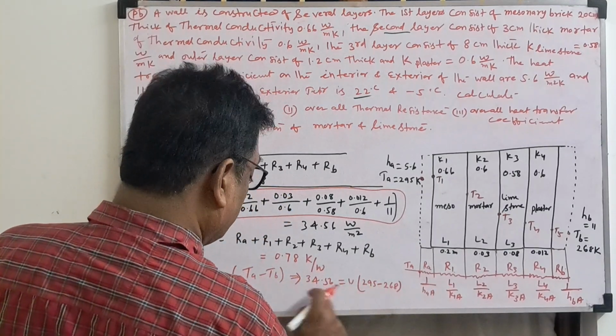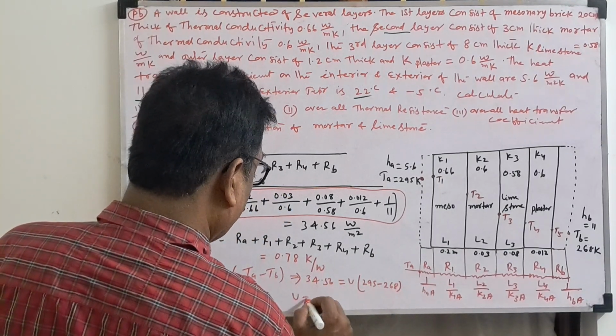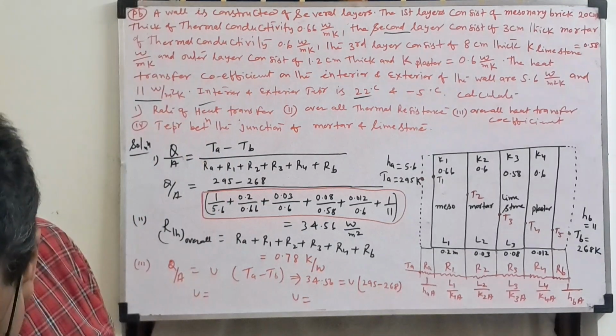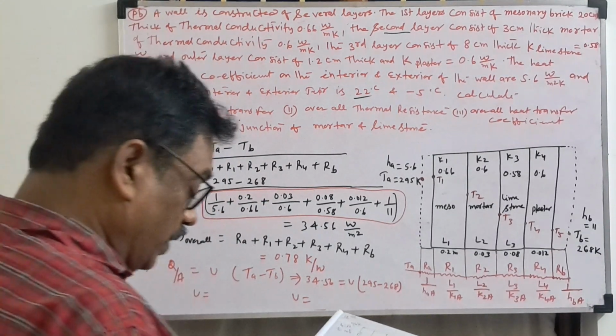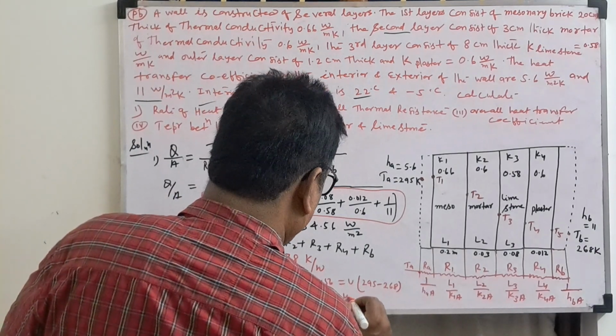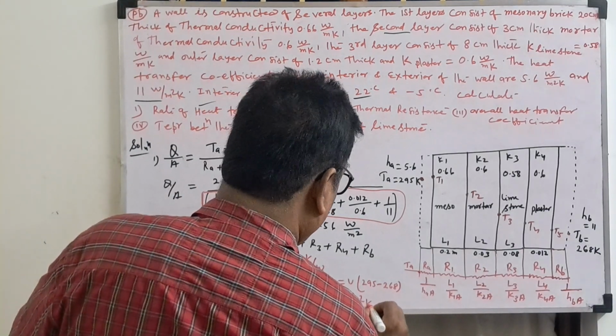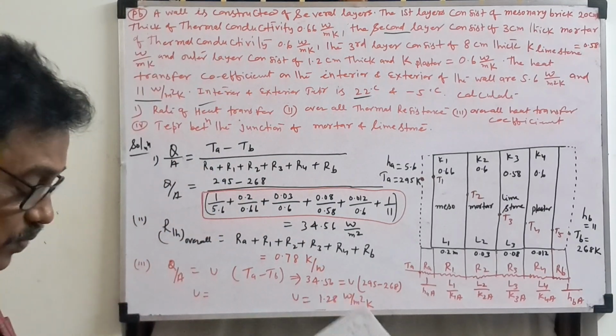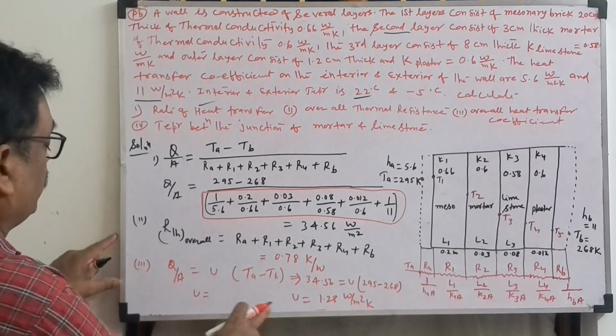If you divide this value, you will get the U value. I calculated U as 1.28 watt per meter square Kelvin. So the overall heat transfer coefficient I got.